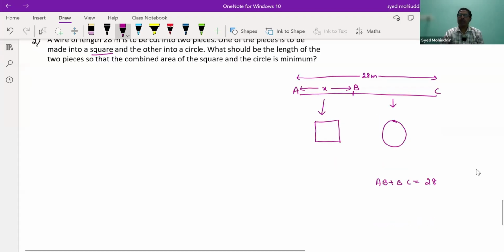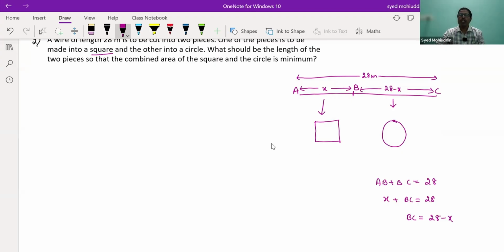And AB length I have taken as X, plus BC. I need to find out this BC. What will BC be equal to? It will be 28. Sending this plus X to the other side becomes minus X. So now this BC value will become 28 minus X. So from this 28 minus X length, you are trying to form a circle.